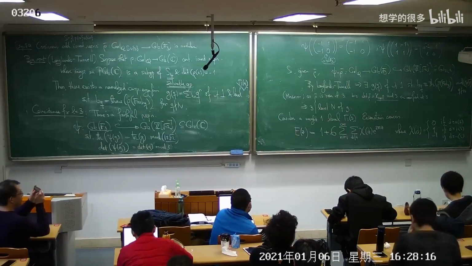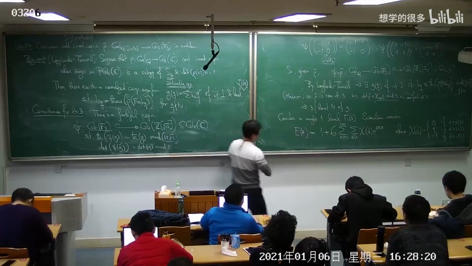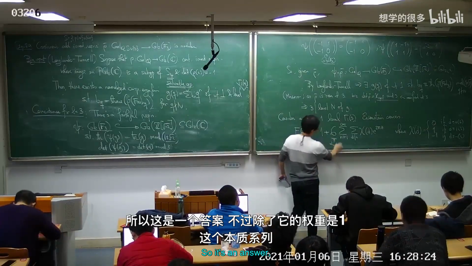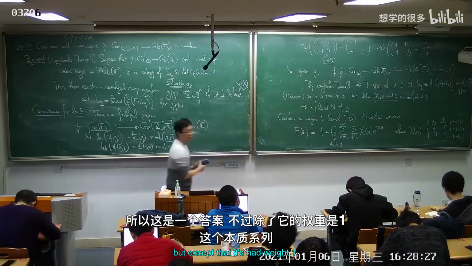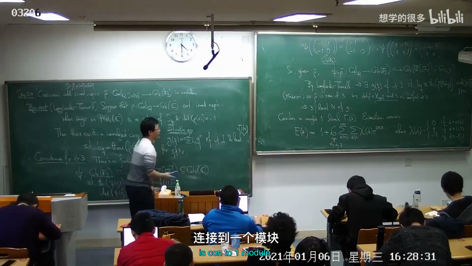You can find the Eisenstein series, but the upshot is that this 6 is divisible by 3. So it's an Eisenstein series of weight 1, but this Eisenstein series is congruent to 1 modulo 3.